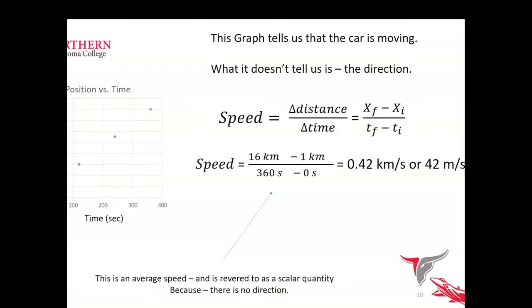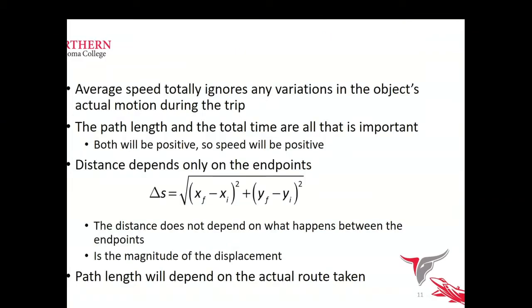So this is an average speed. This is an average speed because I'm looking at the whole distance traveled and I'm looking at the whole time. Now, if that had a curve to it, my average speed could be a little strange. And I want to look at something called instantaneous.